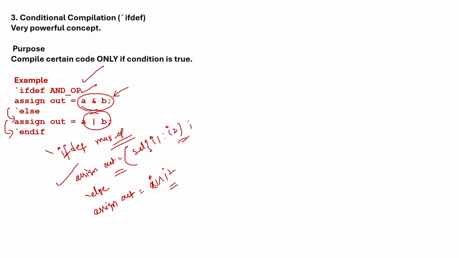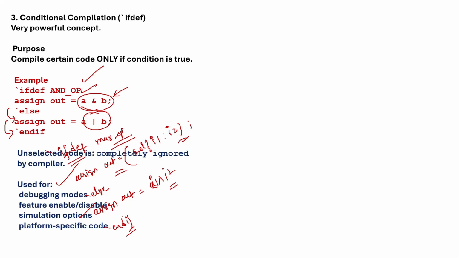That means if it is the true condition, I want to execute this mux operation. If it is false, I want to execute this XOR operation. Every time it is needed, I will reutilize it by using this tick define. Then tick endif is ending the conditional operation. Why is the unselected code completely ignored?